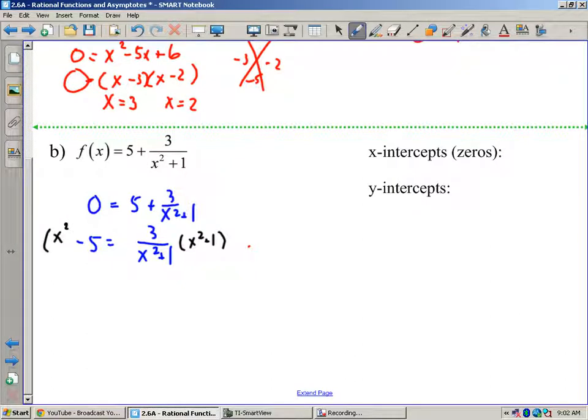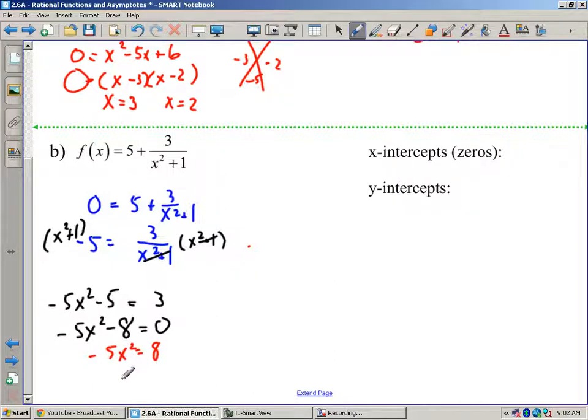And so these guys cancel out, so I'm left with negative 5x squared minus 5 equals 3. And then if I subtract 3 across the equal sign, I get negative 5x squared minus 8 equals 0. And then if I start solving, well, add 8 across the equal sign, I get negative 5x squared equals 8, and then dividing by negative 5, x squared is going to be negative 8 fifths.